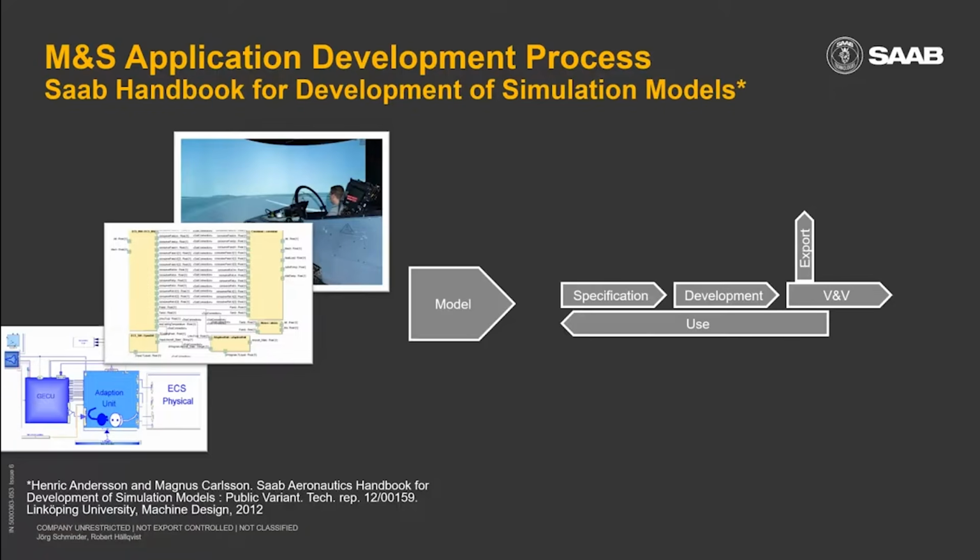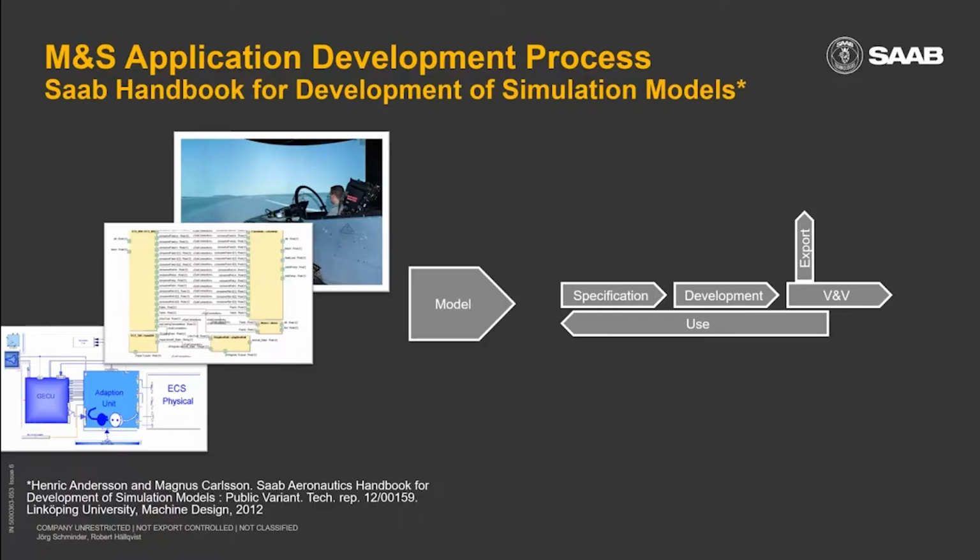This process, called the Saab Handbook for Development of Simulation Models, is publicly available at the reference here at the bottom of this page. And at a very coarse level, the handbook describes the steps that you see here in this figure. First, we have a specification activity where we define the purpose of the model.